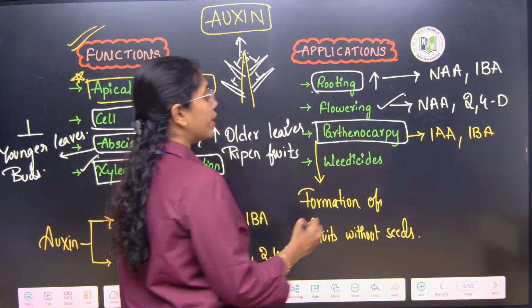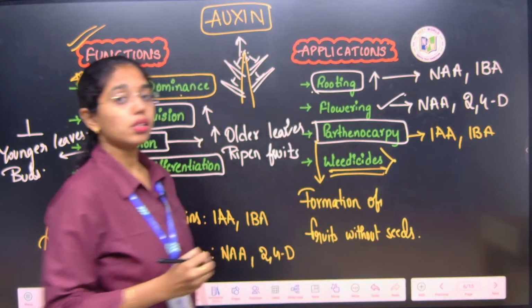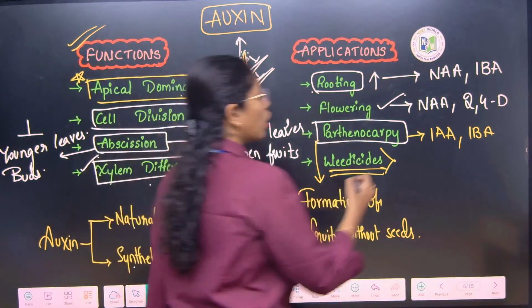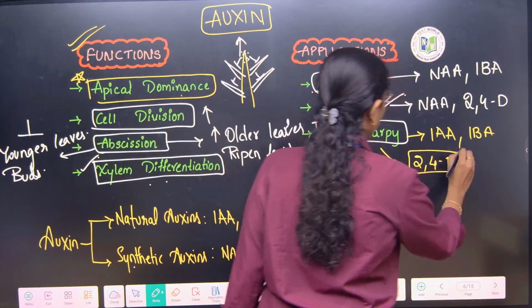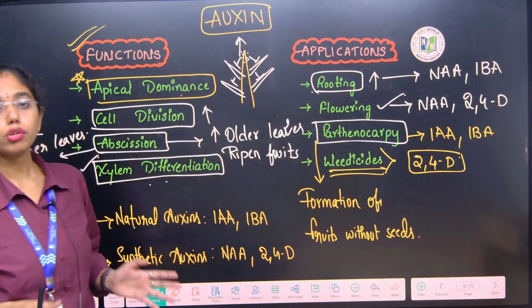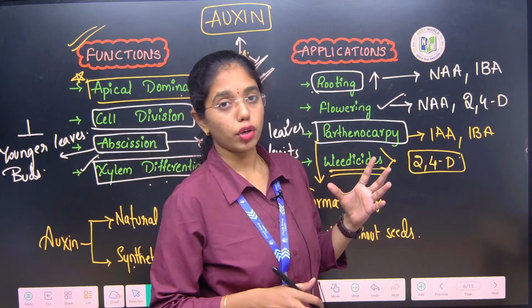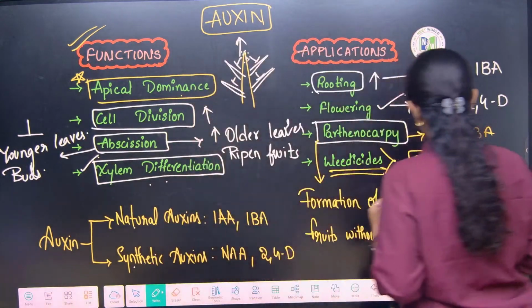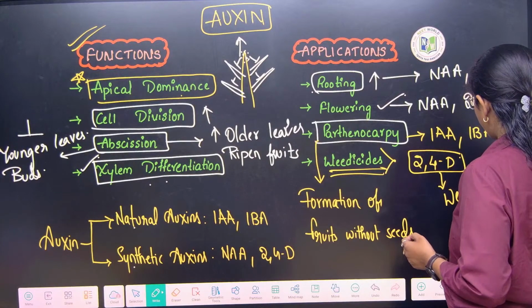Next is weedicides. Some synthetic auxins like 2,4-dichlorophenoxyacetic acid are used to produce weed free lawns. Application of 2,4-dichlorophenoxyacetic acid will help in formation of weed free lawns.